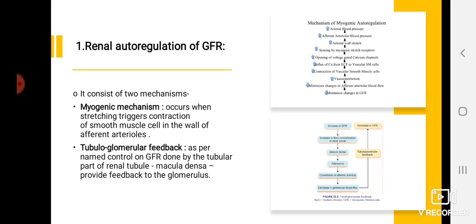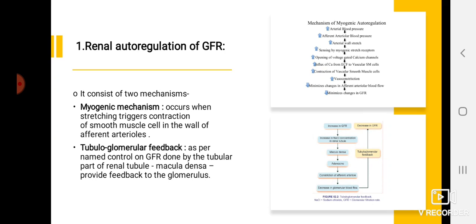Renal autoregulation: by the word you can understand, renal means the renal part, the kidney, and autoregulation, auto means self-regulation. This renal autoregulation consists of two mechanisms.